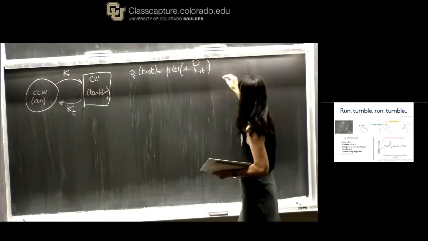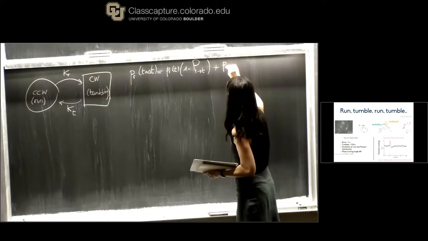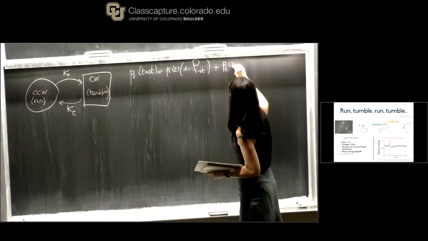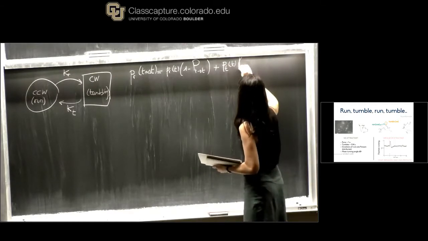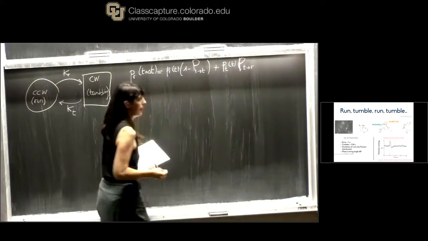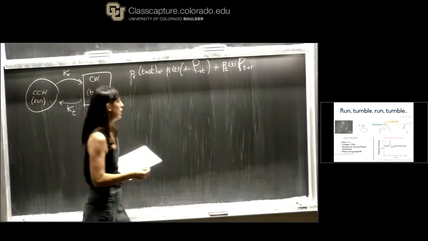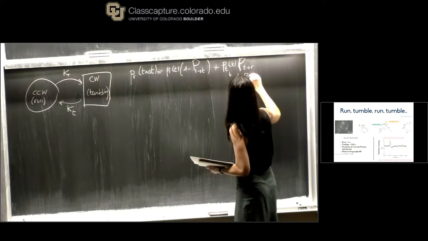And then there is another contribution, which is the probability that you were tumbling at the previous time step, but you transition from tumbling to run. And now because you're either tumbling or running, this is 1 minus P_R.